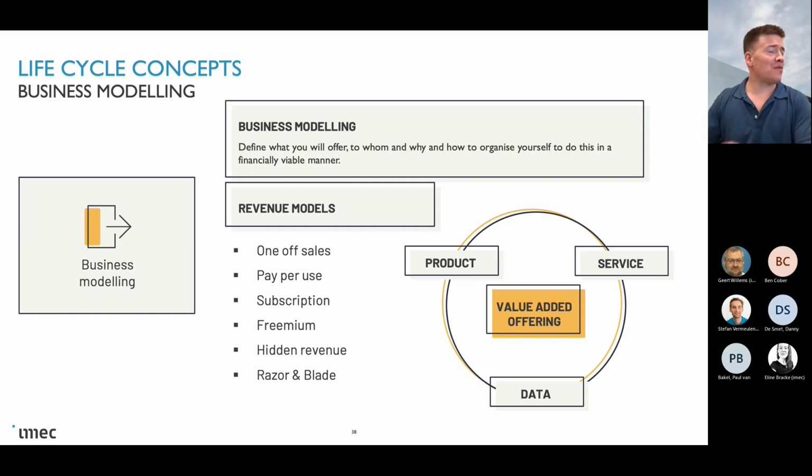Like I said, you try to validate these things. If you look at business models, it's also important to know that if you have a competitive landscape that already does certain business models or revenue models, it's sometimes very difficult to go another way.